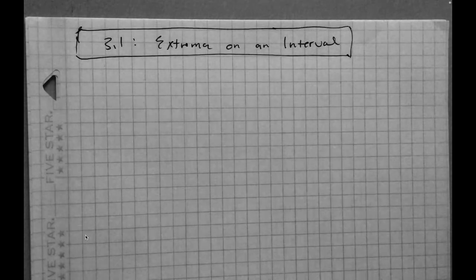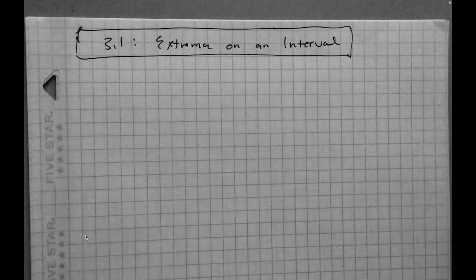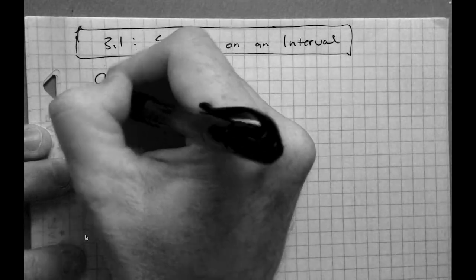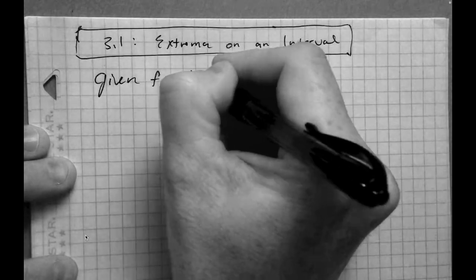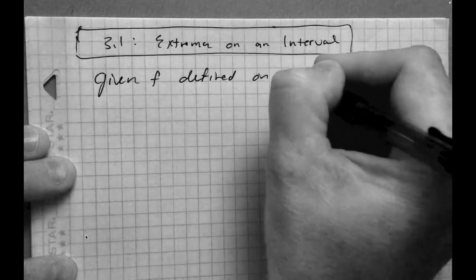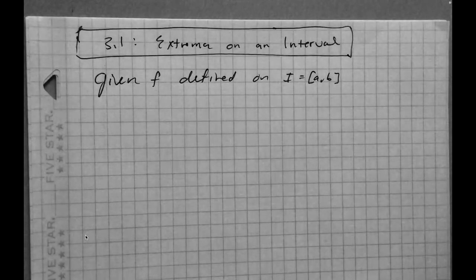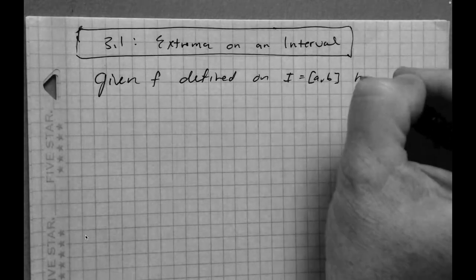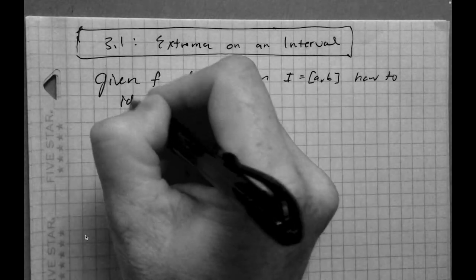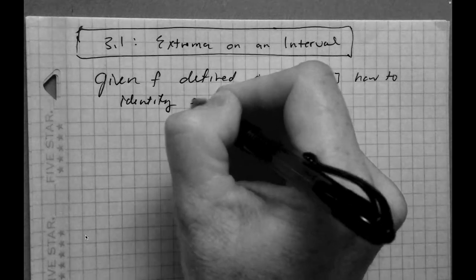So, given a function f that will be defined on some interval I, the question we're faced with here is how might we identify extreme values, i.e. maximums and minimums on I. Given f defined on I, and we'll see that this is usually thought to be a closed interval, how to identify extreme values.